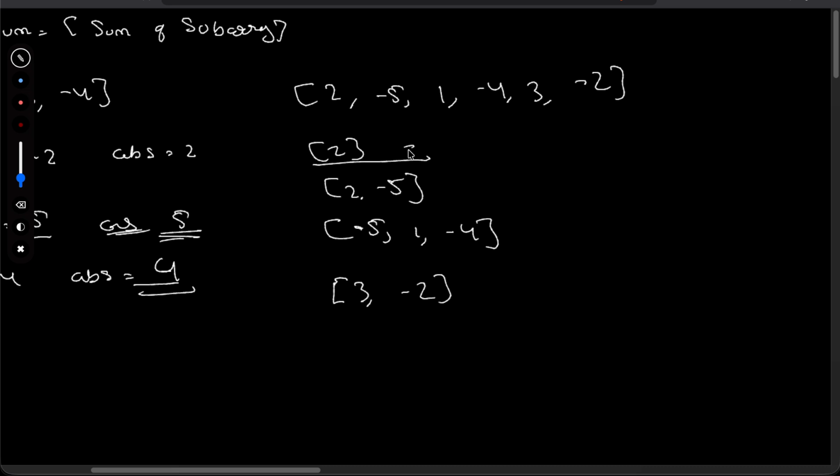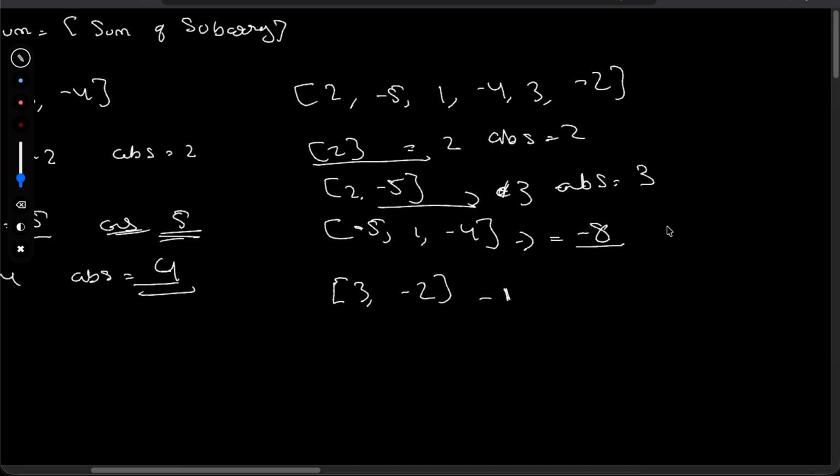The sums are 2, -3, -8, and 1. The absolute value of 1 is 1, and the absolute value of -8 becomes 8. So we use absolute value to remove the signs, and the maximum here is from -8.